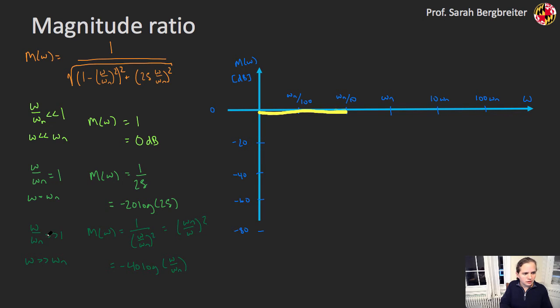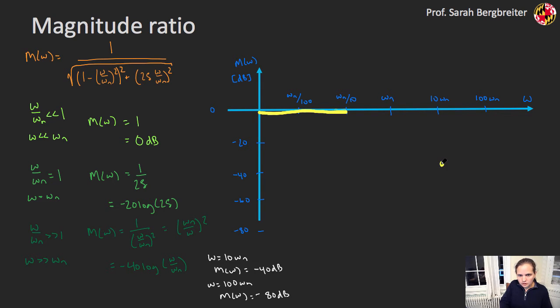And then let's look at the higher frequencies as well. In the case that omega is 10 times omega n, my magnitude ratio according to this would be minus 40 dB. And similarly, if omega is 100 omega n, then my magnitude ratio should be minus 80 dB.